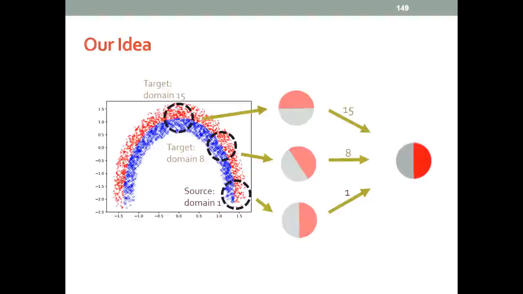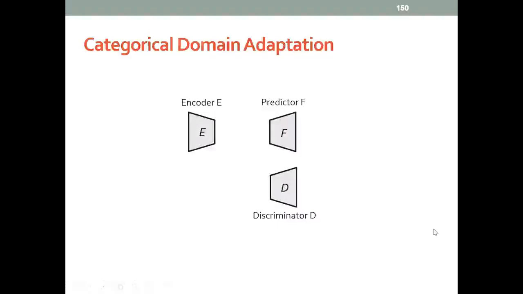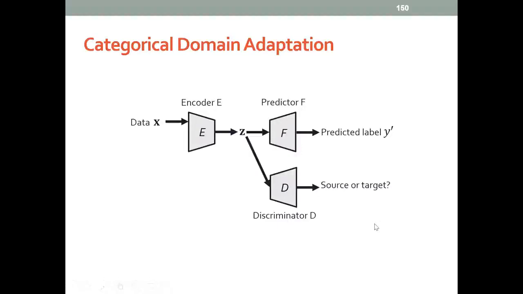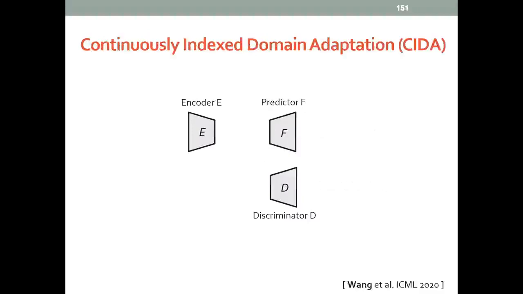And fortunately, this can be implemented easily using an adversarial learning framework. But before going into details of our method, let's take a look at how traditional categorical domain adaptation methods work. Usually they will take in the data X into the encoder and produce some encoding Z. And the predictor F will take in the embedding and predict the labels, while the discriminator will take in this embedding and distinguish between source domain embeddings and target domain embeddings.